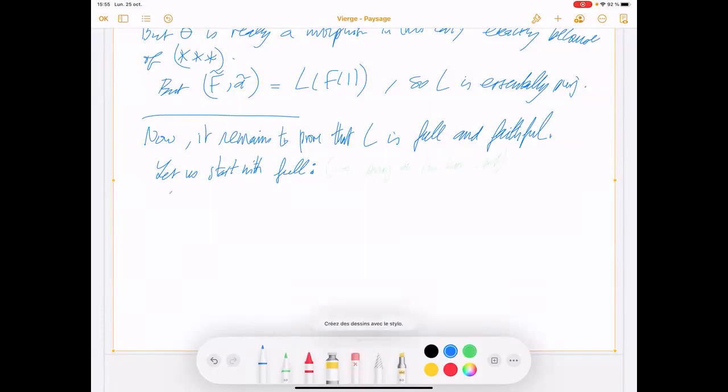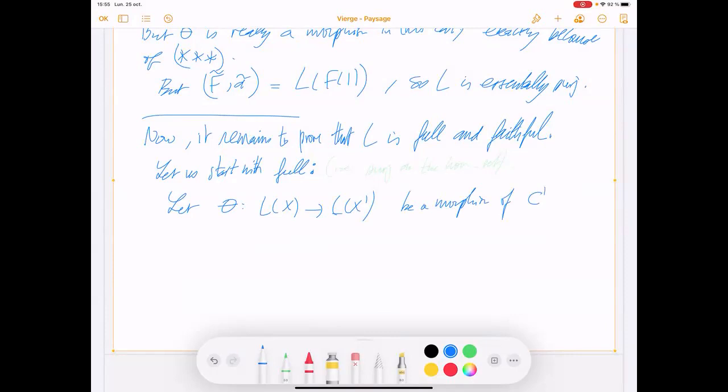So let theta from L of X to L of X prime be a morphism of C prime.